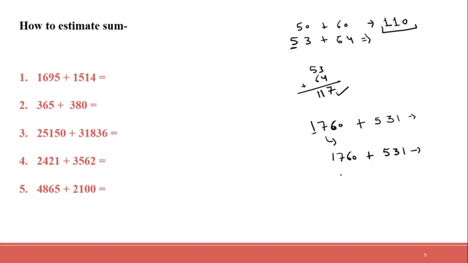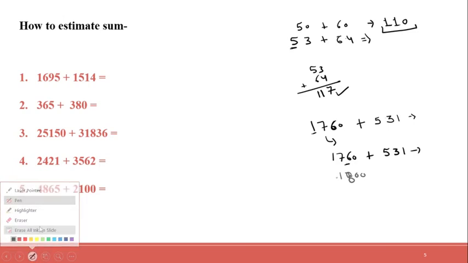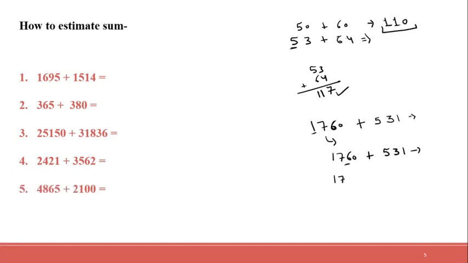If I round it to 18,000, because it is more than 500 here, not less than 500. So 17,060 will be rounded off to 18,000, right? And this 531 will be rounded off to 500 only, right? So if we add this, we will get 18,500.